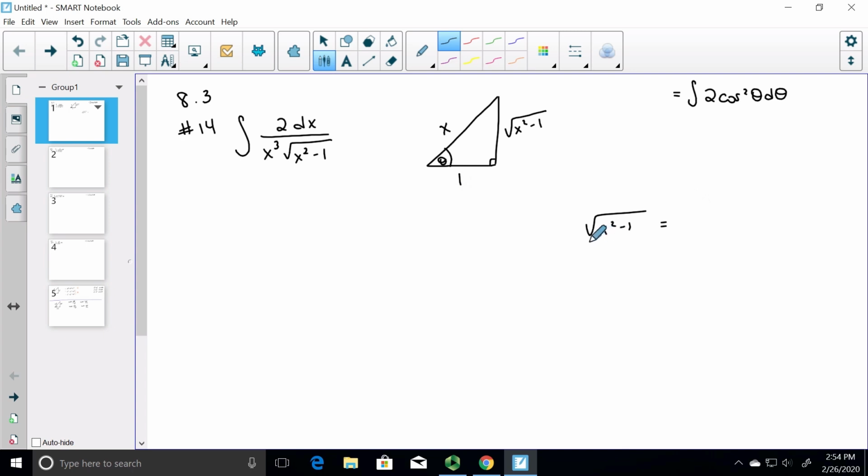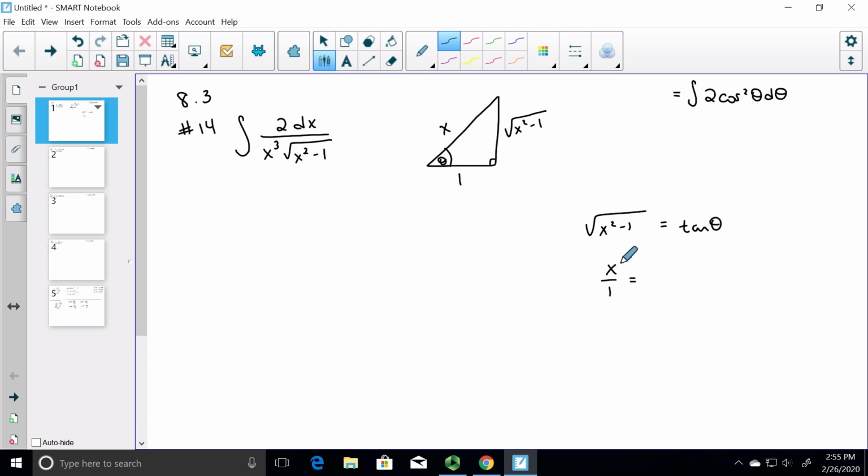And so I would say the square root piece over 1, that would be opposite over adjacent. So that's tangent. Okay, so I don't really need the 1, but just so you can see. So tangent is that square root piece. And then to get the x, I want to use the x with the constant, right? You're always pairing something with the constant. So x over 1, that would be hypotenuse over adjacent.